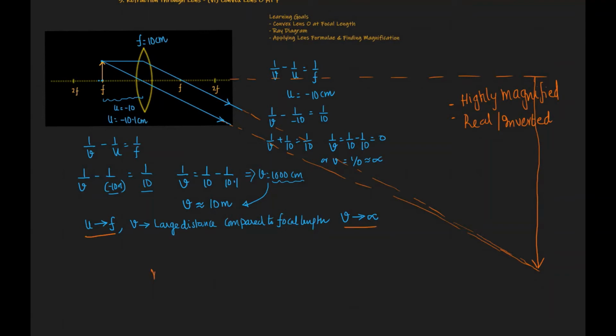Now, of course, your magnification is also given by I by O, image size by object size, and that is V by U. So let's say when your V is very large, approximately infinity or tending to infinity, and U is, let's say, 10 centimeters, the magnification is also tending towards infinity, right?